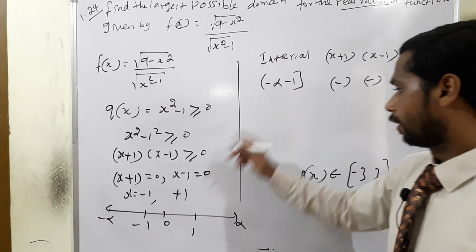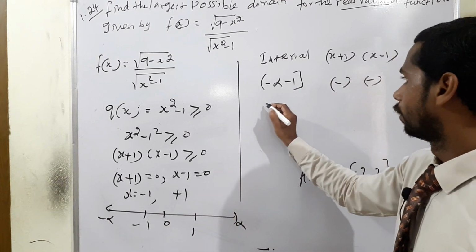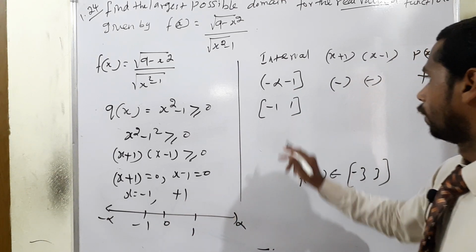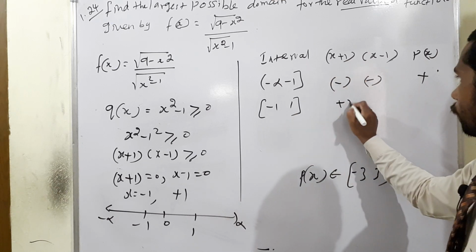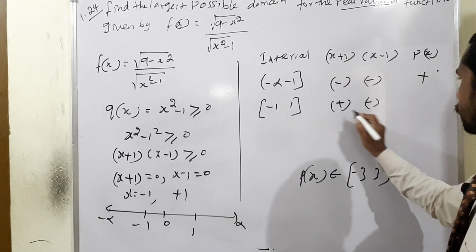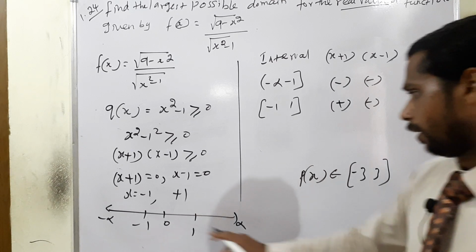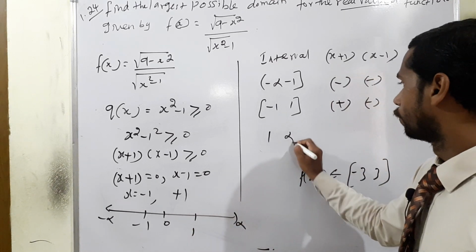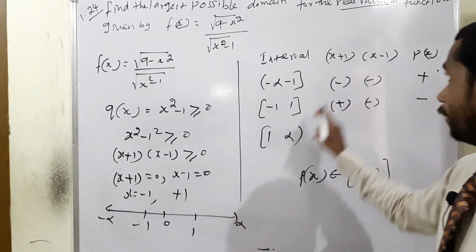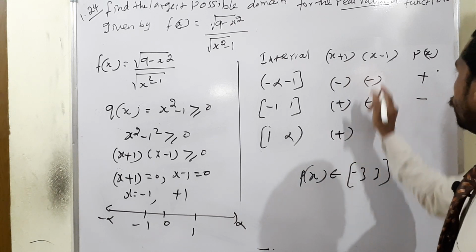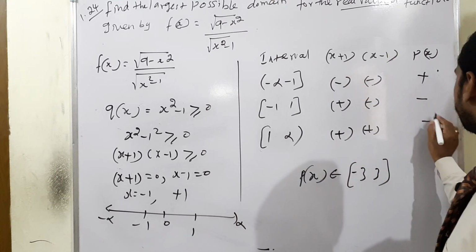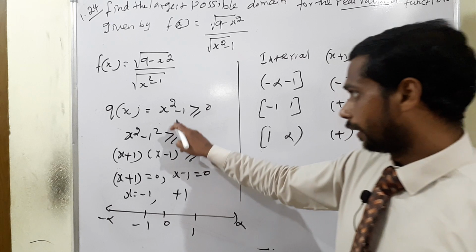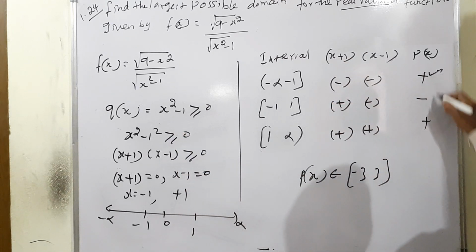Next case, minus 1 to positive 1. In between, take 0: 0 plus 1 is positive, 0 minus 1 is minus, so plus and minus gives minus. Again, 1 to infinity: positive and positive gives positive. The condition is greater than or equal, so we take positive values only.